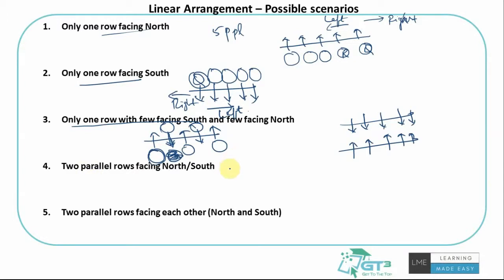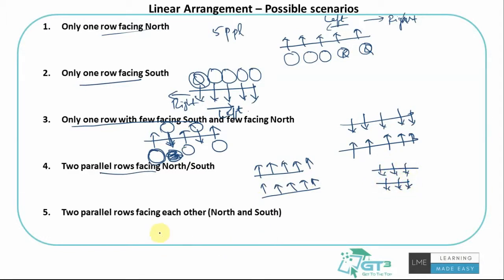And this is what we are talking about, 2 parallel rows facing north and south. It could also sometimes be that both the rows are facing only north, or it could also be that both the rows are facing south.